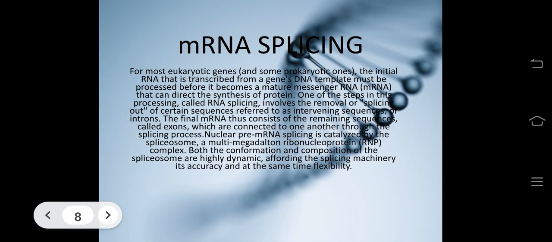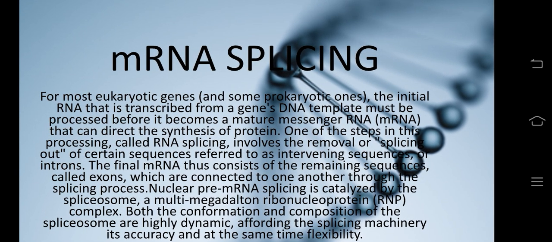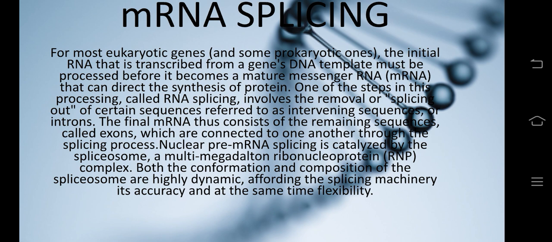Then mRNA splicing. In most eukaryotic genes and some prokaryotic ones, the initial RNA that is transcribed from a gene's DNA template must be processed before it becomes a mature messenger RNA, or mRNA, that can direct the synthesis of protein. One of the steps in this process, called RNA splicing, involves the removal, splicing out, of certain sequences referred to as intervening sequences or introns.